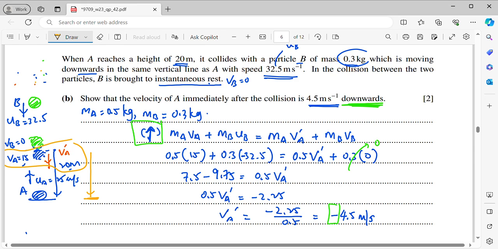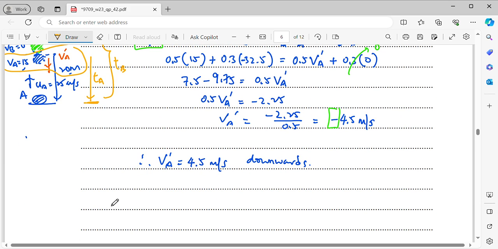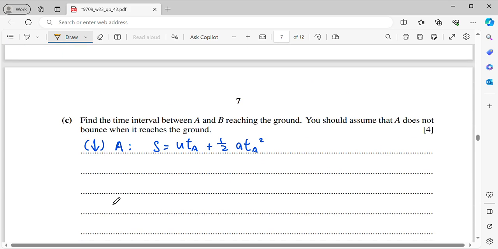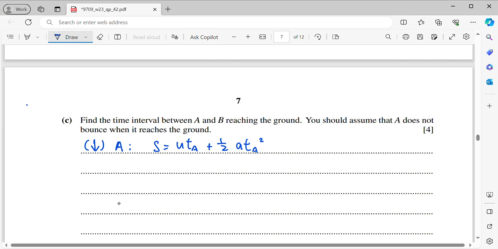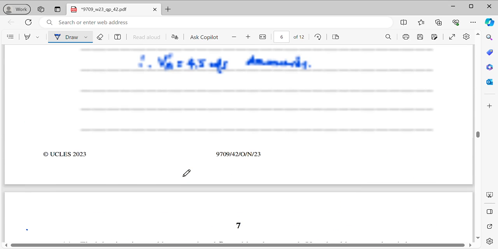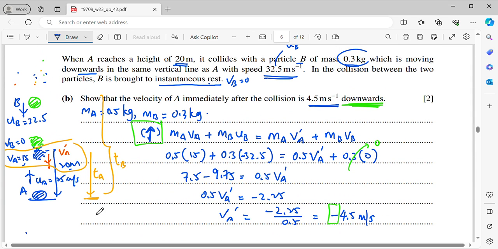So this is TB, this is TA. I will just write 20 meters, because the A has traveled 20 meters.